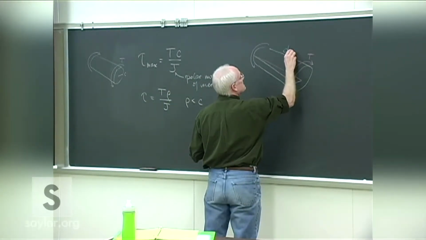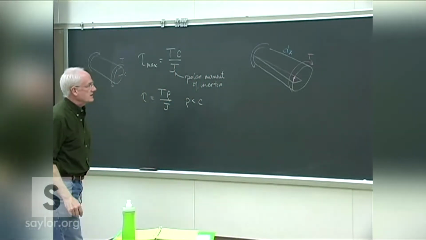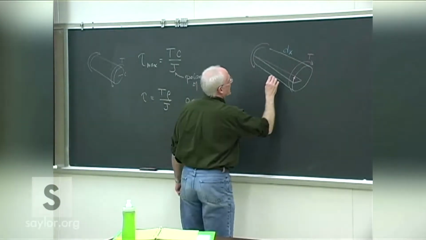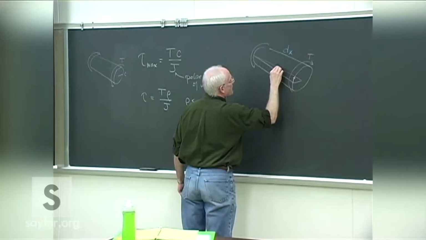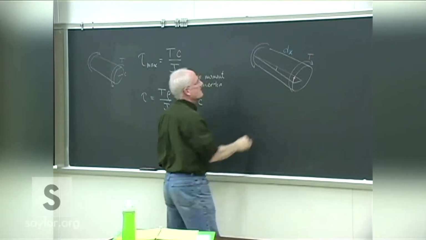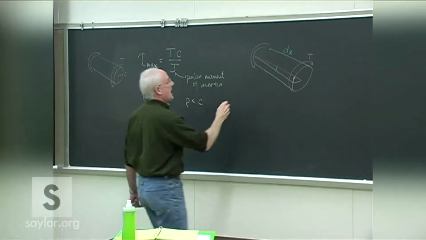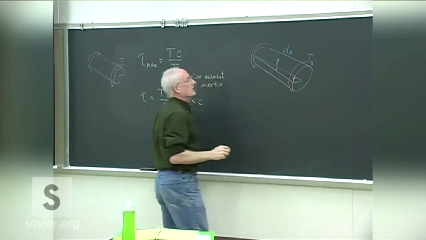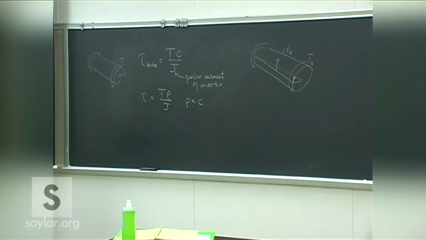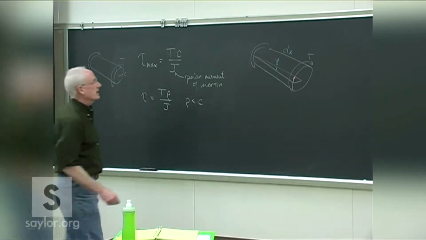So let's put a little bit to this. Let's imagine this is of some length dx. We have an angle here that we have already investigated. That happens to be, of course, the shear strain. Remember, that's the deviation from an original angle of 90 degrees.